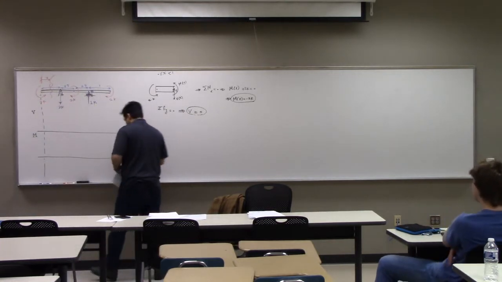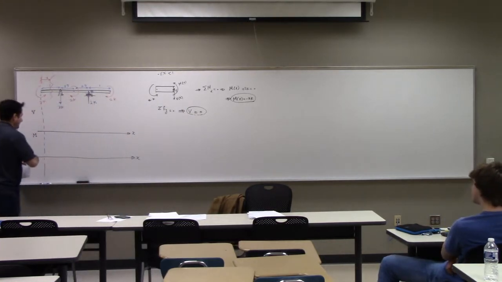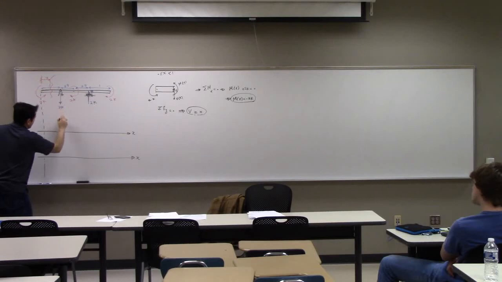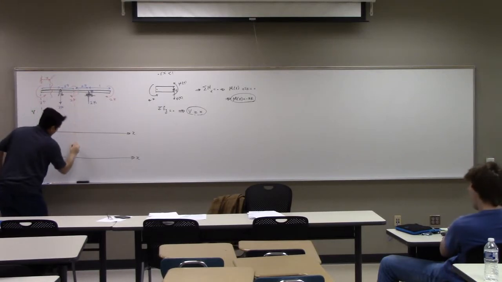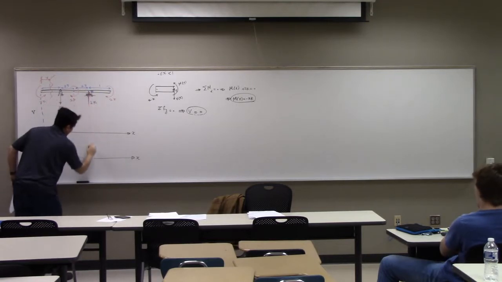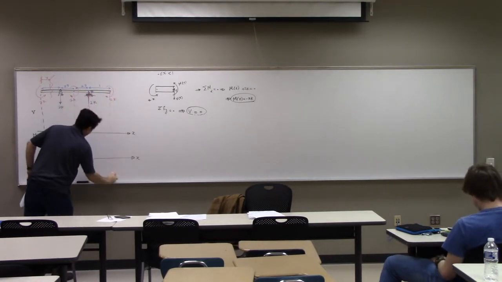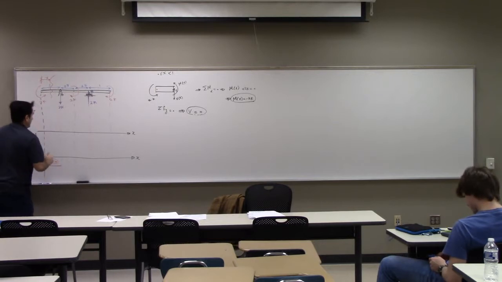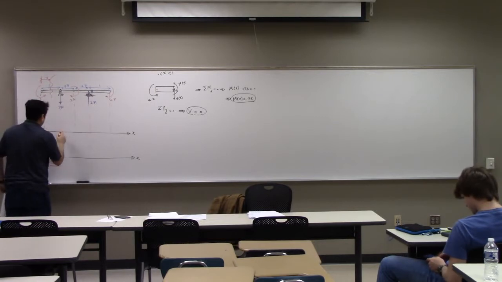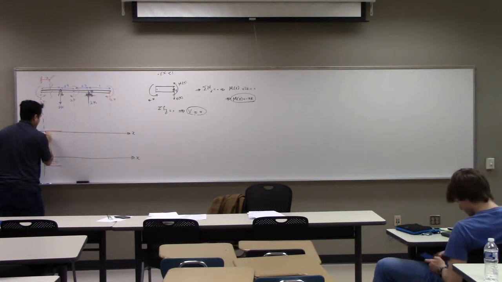For my bending moment, I have negative 2K. So from here to here, 1 to 3 to 4, I have negative 2K, and the shear load is identical to 0.